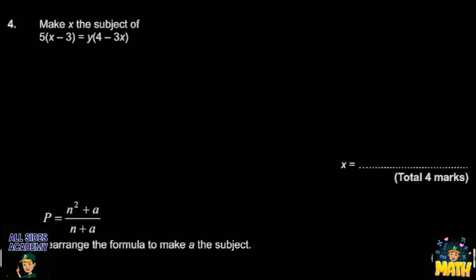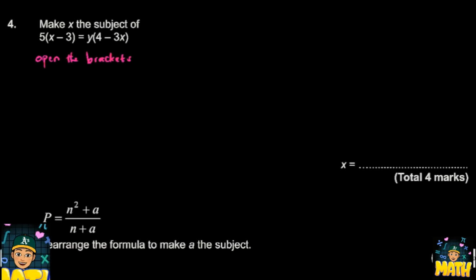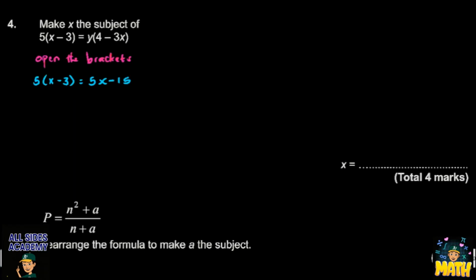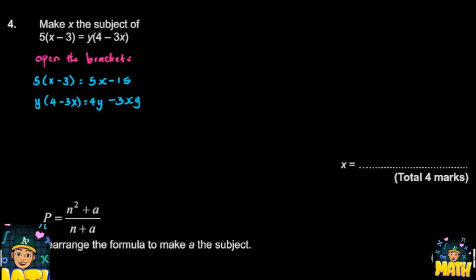Make x the subject of the formula. So here I'll start by opening the brackets, because remember the x is inside the bracket. So open the brackets first. So 5 into x minus 3 means you're multiplying the 5 by any number that is in the bracket. So I get that. And then y into 4 minus 3x means you're multiplying the y with every number in the bracket as well.